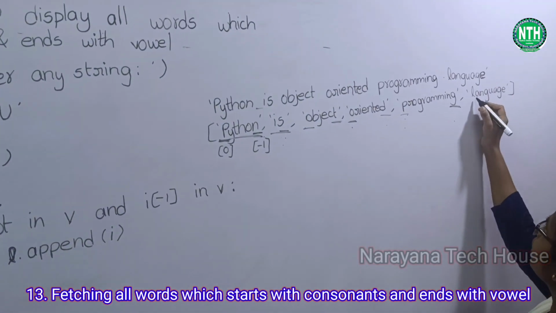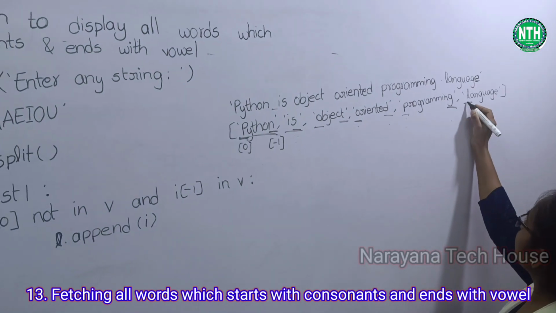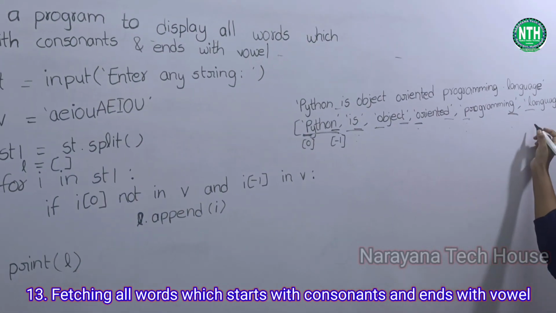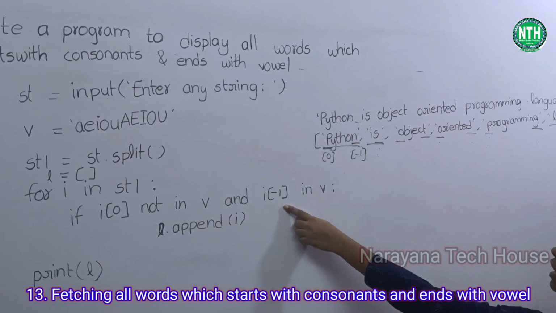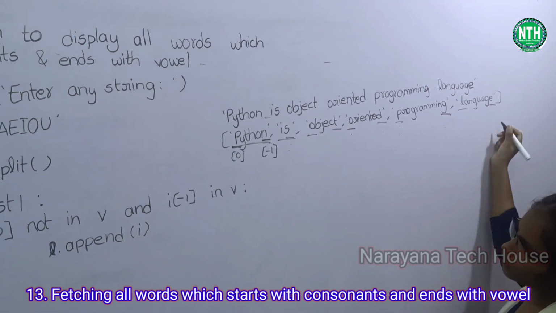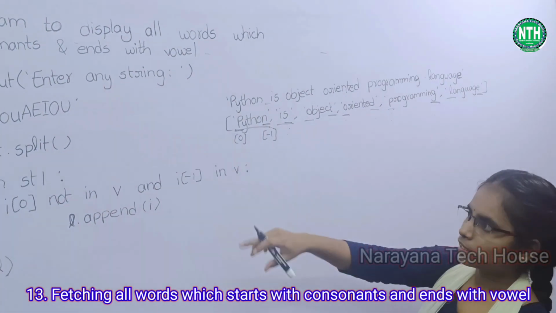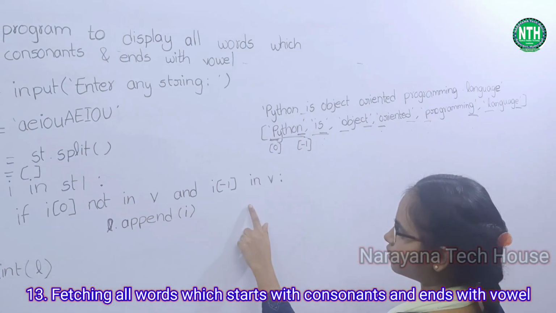Next, "language". i of 0 not in vowel: i of 0 value is L. L not in vowel, this condition is true. Then i of -1 in vowel: E. The letter E is in vowels: a, e, i, o, u. So both conditions are true.